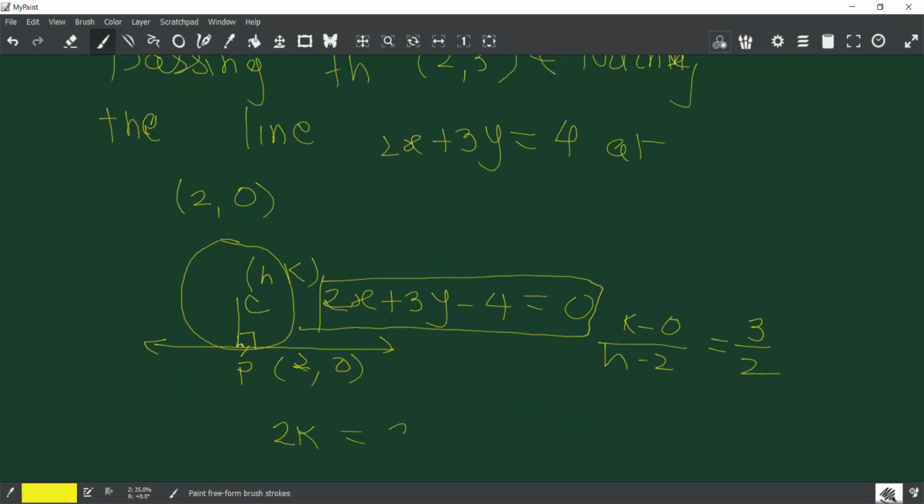We got one equation. Everybody got this? This is one equation, and now we get another equation.